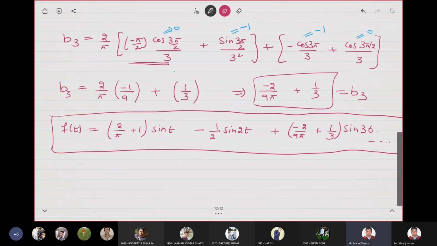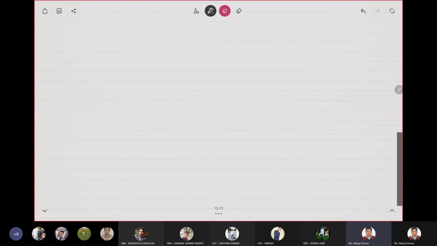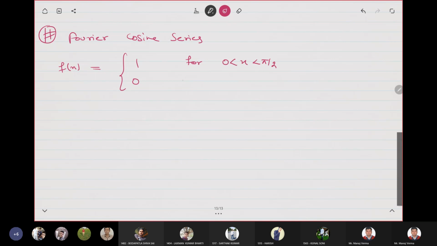On a similar pattern, you have to find a Fourier cosine series for a function which is defined like this: f(x) is equal to 1 and 0 in the range 0 < x < pi by 2 or pi by 2 < x < pi.